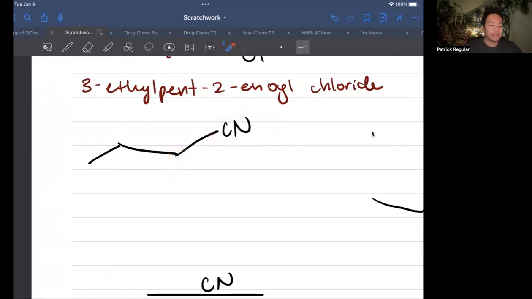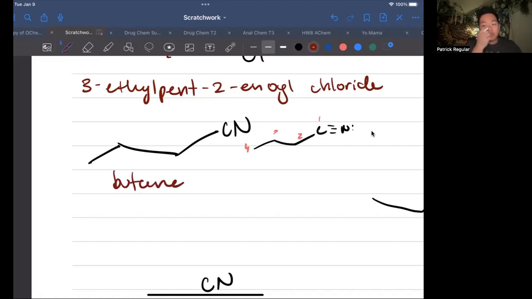You can't do that. This first carbon has to be part of the nitrile. So even though it looks like this, right? Even though it looks like that, this nitrile carbon is still your first carbon. So it's butane. Nope, not that one. You just take the parent chain and then you put nitrile at the end.